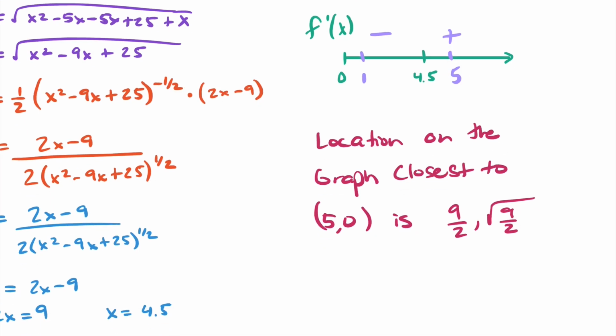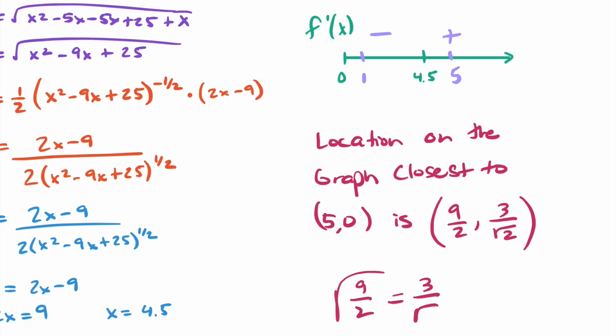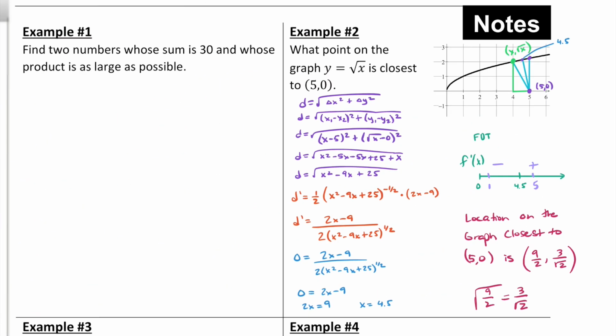Ooh, you know what we can do? We can call it 3 over the square root of 2. If we find the square root of 9/2, that's equivalent to the square root of 9 over the square root of 2. So 3 over the square root of 2. I'm just doing math in my head there to get it a little more reduced.